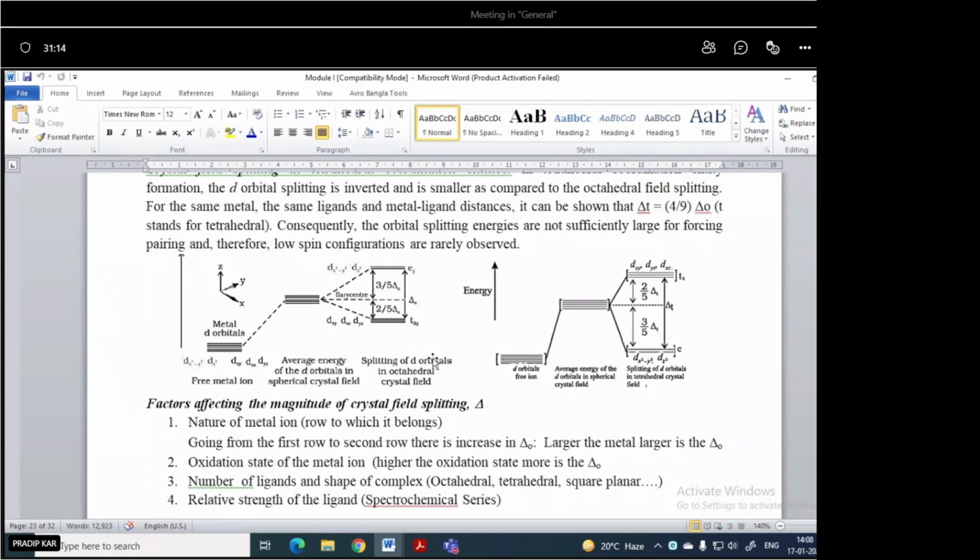It comes from the symmetry of the molecule and the orbital. In the tetrahedral case, this type of symmetry is absent, which is why we are not using the term g, only T2 and E. And in the octahedral case we are using the g.